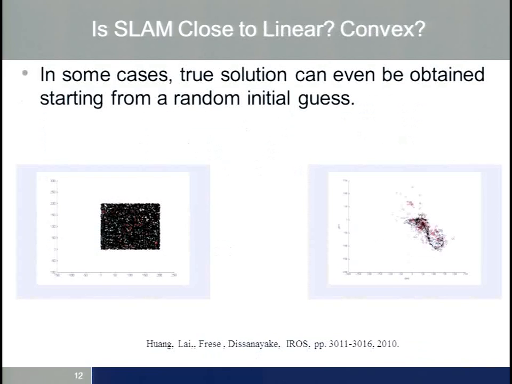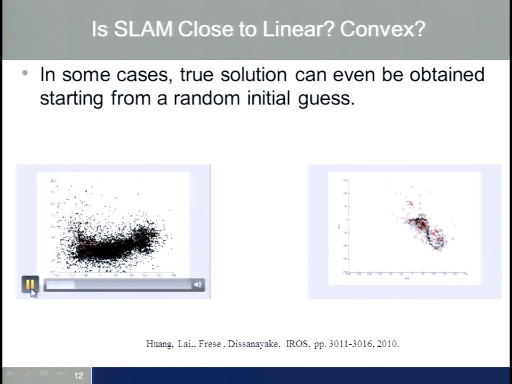Even more surprisingly, Shudong, one of my colleagues, noticed that if you look at the SLAM problem for Victoria Park data, people who work in SLAM know about this, it has about 6,000 state variables. You initialize the nonlinear estimation problem with random numbers, and you still get a solution. And it turns out to be the true solution about 85% of the time.